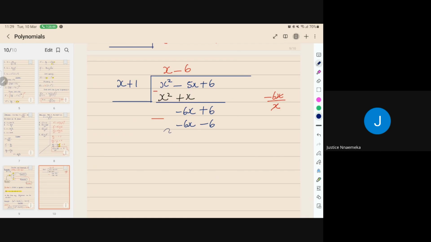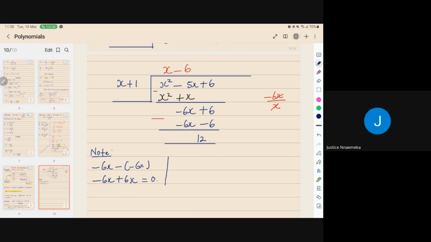Now, let's rule a line over here. Minus times minus is plus. Is that not so? So 6 plus 6 is going to give us 12 right here. Minus 6x plus 6x is 0. So we're going to be left with this. Note what was simplified right here: we had minus 6x minus 6x, this is minus 6x plus 6x, which is equal to 0.